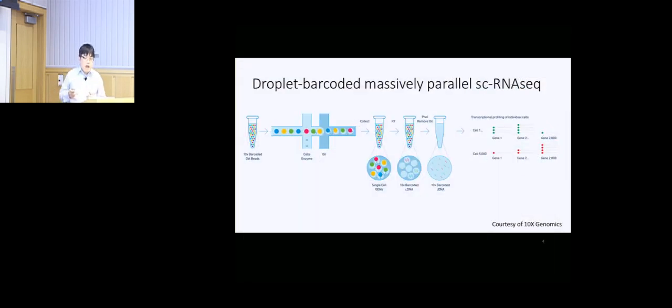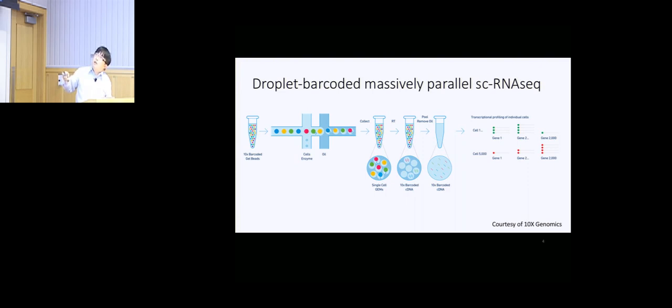So the basic idea of this droplet-based single-cell RNA sequencing, including 10x Genomics and Drop-seq, starts with either hydrogel or some droplets and the bead that actually has some barcodes. So basically, you are barcoding the droplets so that you know which droplet the read comes from. And the cells are shot in in some flow.